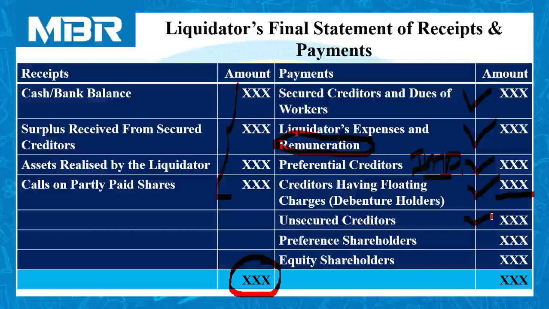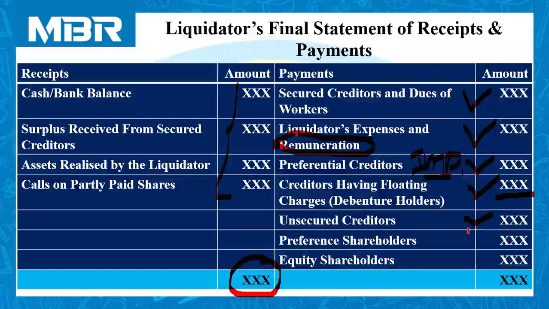Even they do not have any floating charges on the assets of the company. And that is why they are defined as unsecured. It means these kind of creditors are not secured with any of the asset of the company.